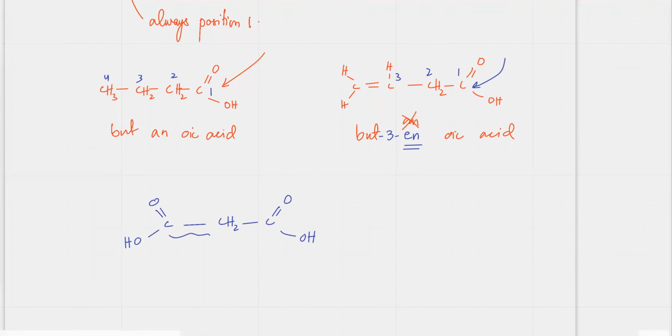So it's 3 carbon atoms. So that's prop-. It is saturated, so it's going to be -an. It's a carboxylic acid, so it's -oic acid, except that there are 2 of them now. So it's going to be -dioic acid. You don't need to mention the position because by default, it's understood that they are going to be at the end. You can't have a carboxylic acid functional group in the middle. That's not going to be possible. Okay. So is this clear?